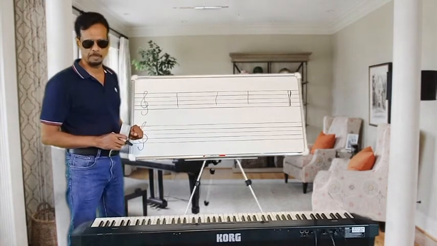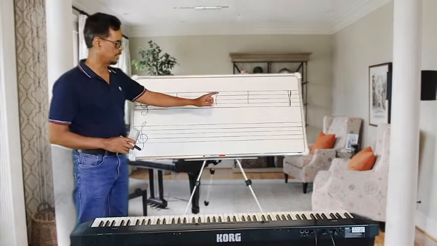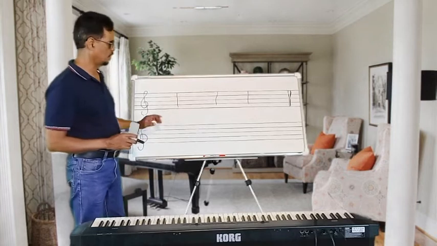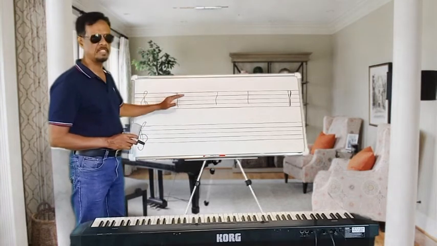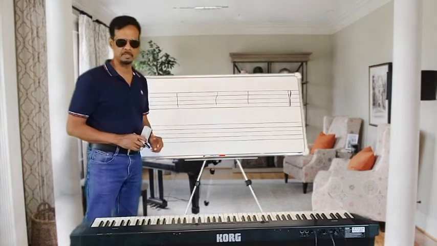When you are writing your piece of music and your musical phrase stops here, and you want the player to repeat this phrase, you don't have to write it over again.